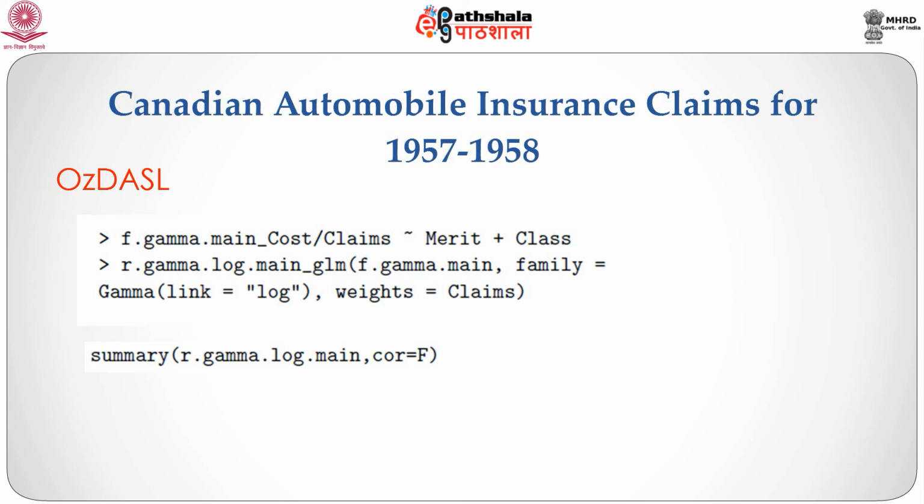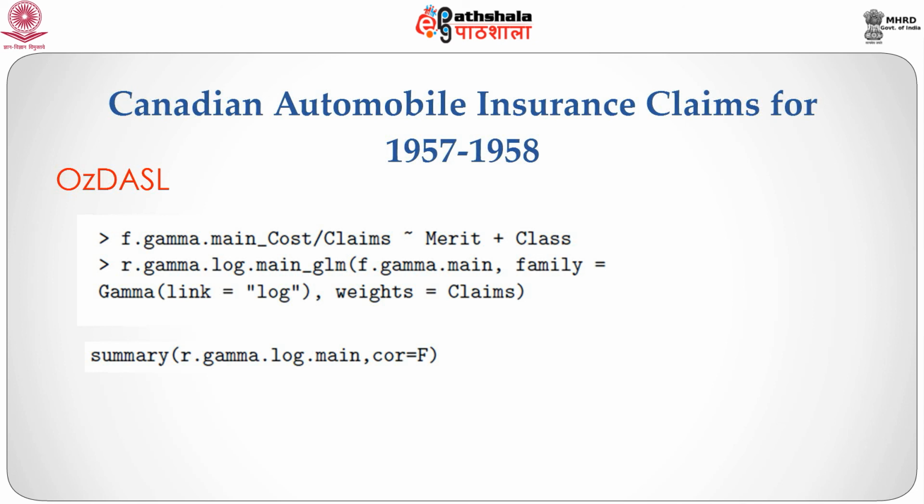The variables included in the data set are merit, which measures the number of years since the last claim on the policy; class, a collation of age, sex, use, and marital status; insured and premium. Insured is the earned car years, premium is earned premium in thousands; claims, the number of claims, as well as the cost, which is the total cost of the claims in $1,000.